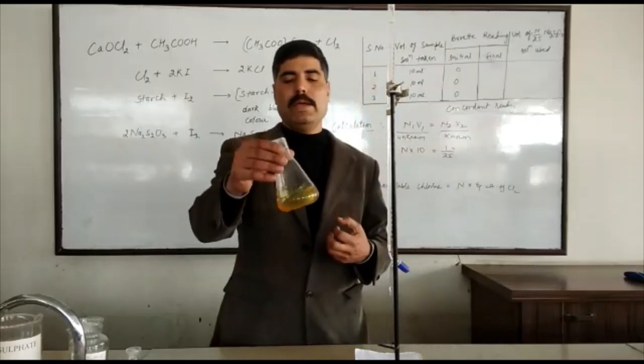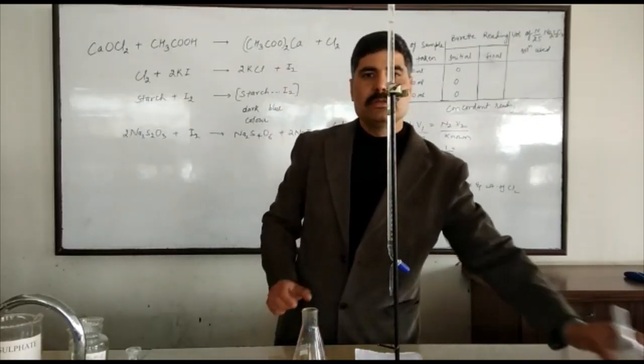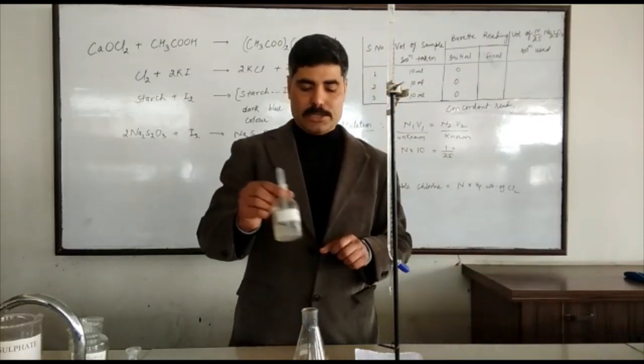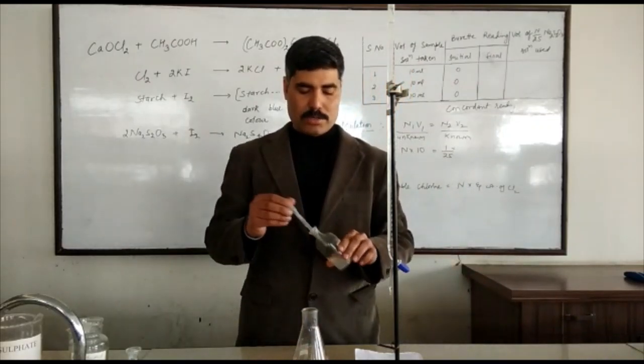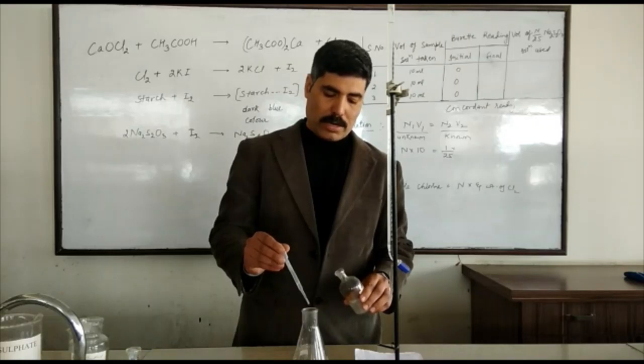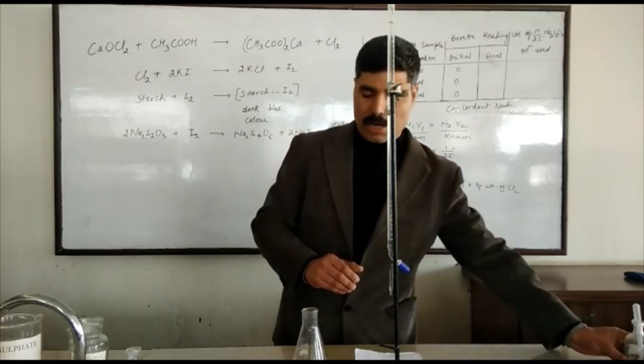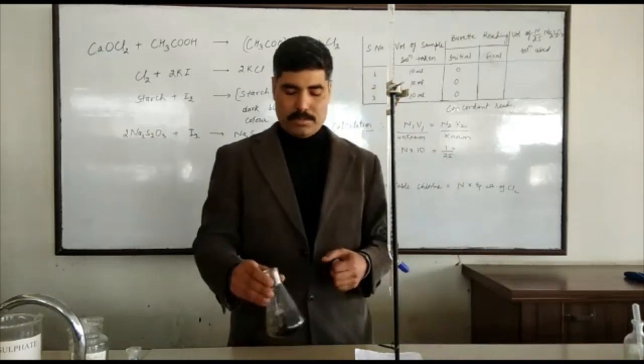See, we get a pale yellow color. Now we have to add the freshly prepared starch, which is an indicator in this titration, to this sample solution. We have to give preference to freshly prepared starch because it may decompose into its respective monosaccharides as time passes.